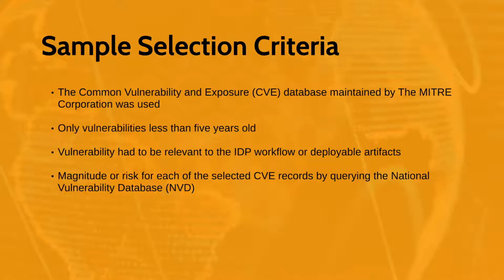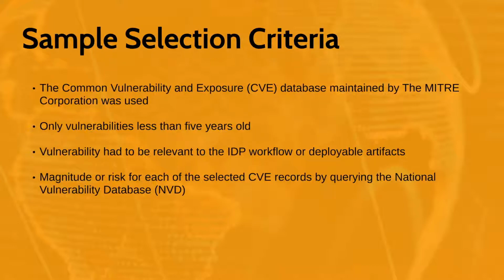It contains only vulnerabilities that are less than 5 years old. The vulnerability must be relevant to the IDP workflow or deployable artifacts. In order to assess the magnitude of the risk for each of the selected CVE records, the National Vulnerability Database was queried using the CVE number.